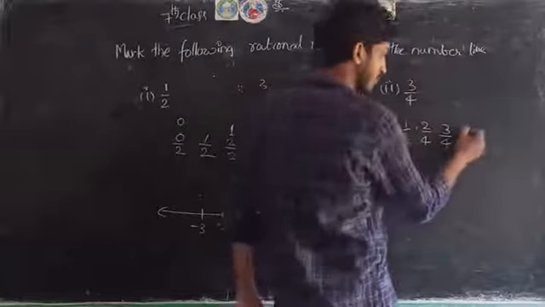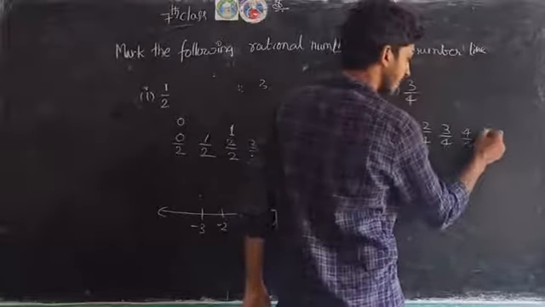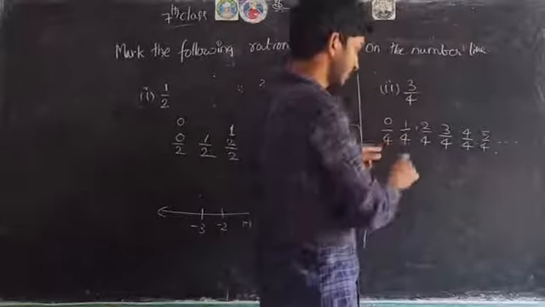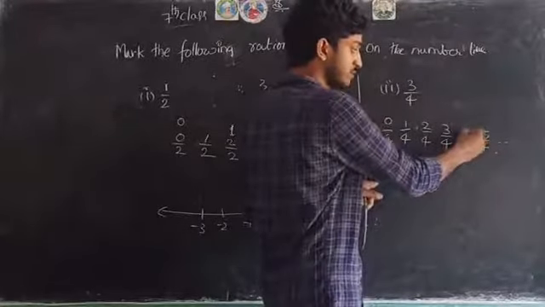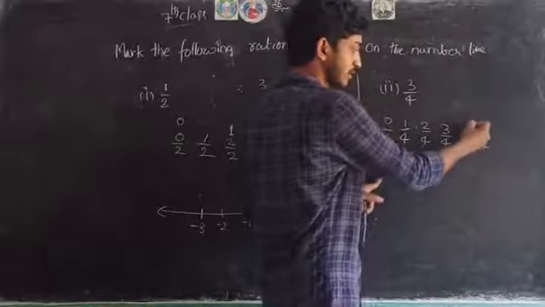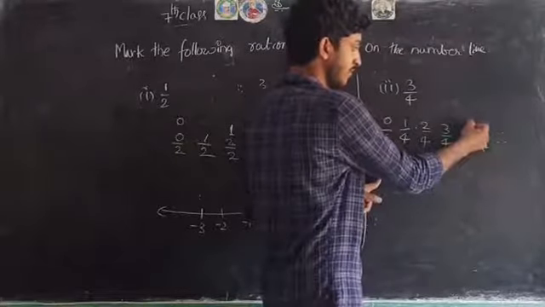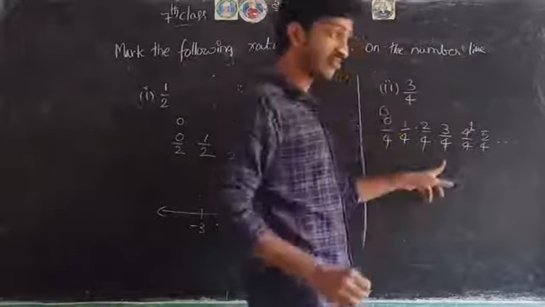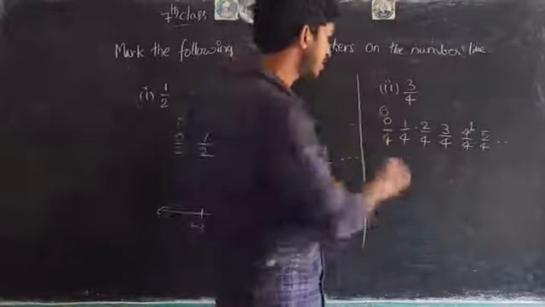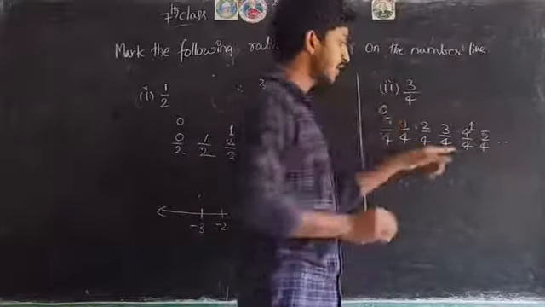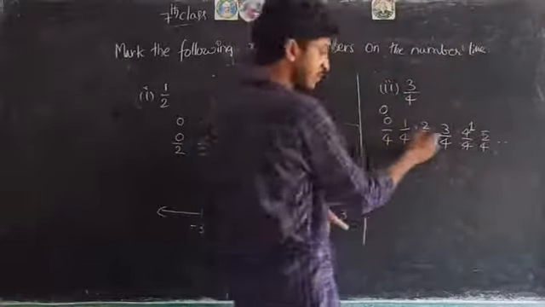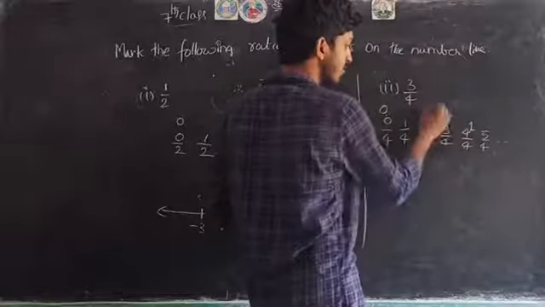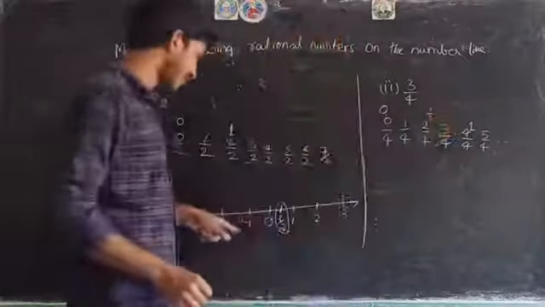After numbers: 4 by 4, 5 by 4 and so on. 4 by 4 means 1 and 0 by 4 means 0. So 3 by 4 is also in between 0 and 1. Here 2 by 4 means what? 1 by 2. We already represented 1 by 2 on the number line.